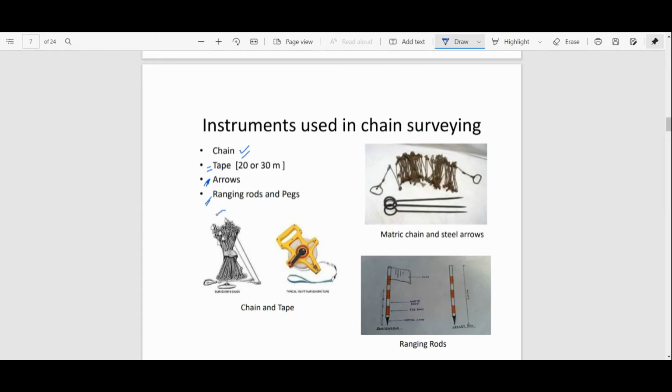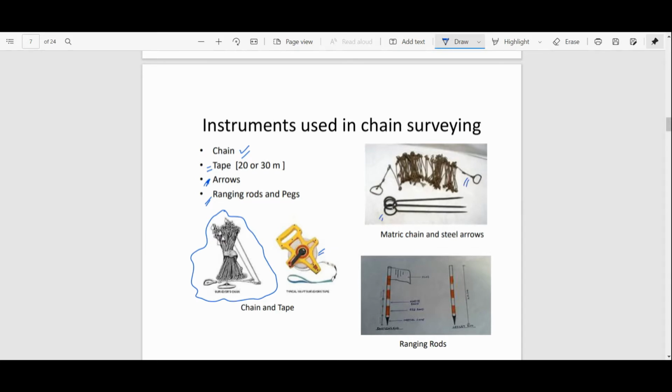You can see here that this one is a chain. This is basically a metallic chain. It is made of metal and it has small elements that we will discuss in detail in the next slides. And this is the tape that we use at present, and this is the old metric chain, and these are the arrows.